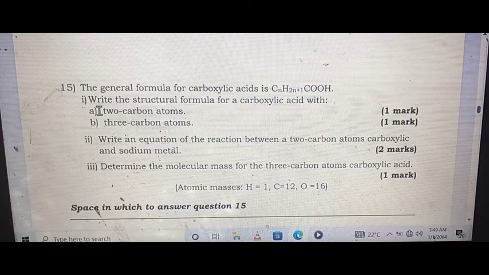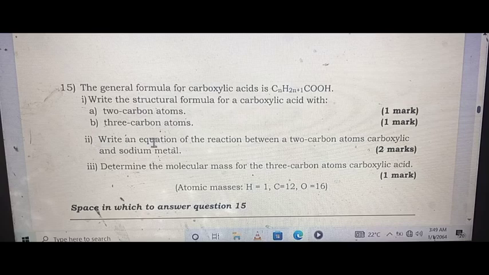The correct answer A: CH3COOH. B: CH3CH2COOH.